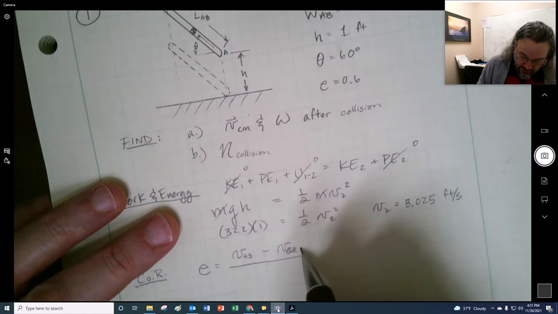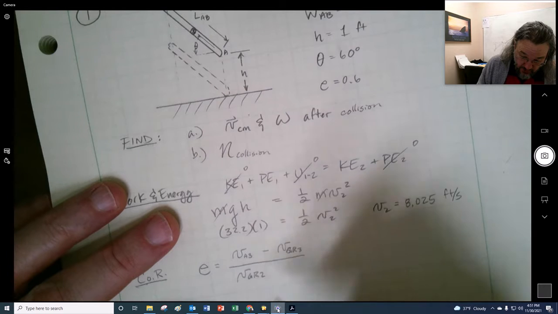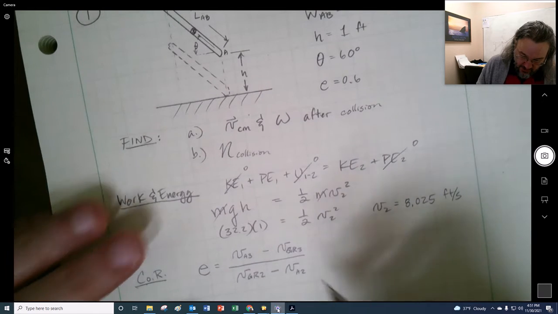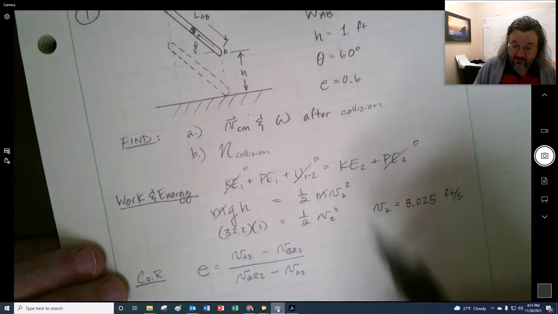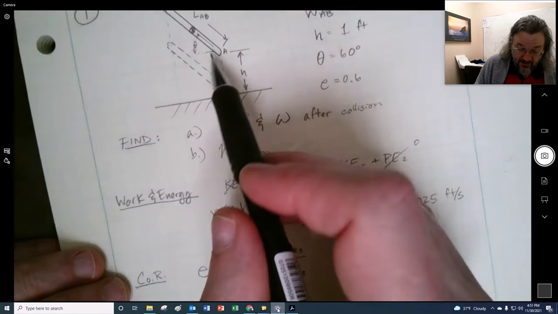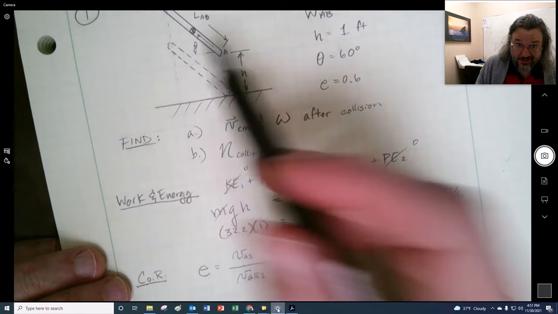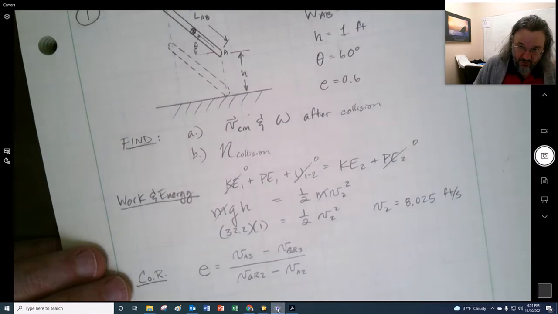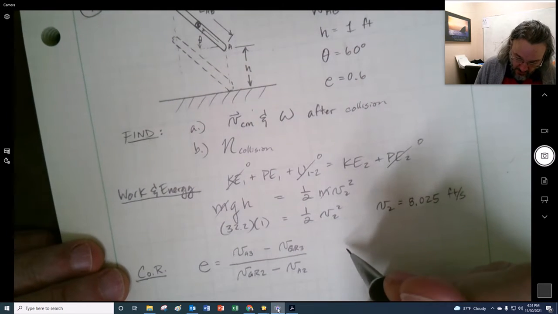VGR3 is going to be VGR2 minus VA2. In this case VA2 is equal to the center of mass velocity, because it's not rotating, so the center of mass has the same velocity as A. It won't always be, but because this thing is translating without rotating, that's true.